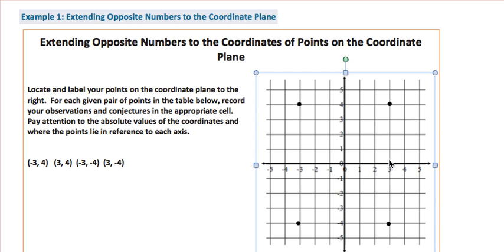And finally I graphed 3, -4. 3, -4 is reflected across the x-axis from 3, 4. Then complete the table on the next page based on your observations from graphing these points.